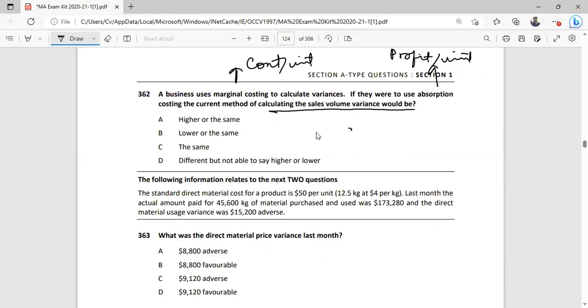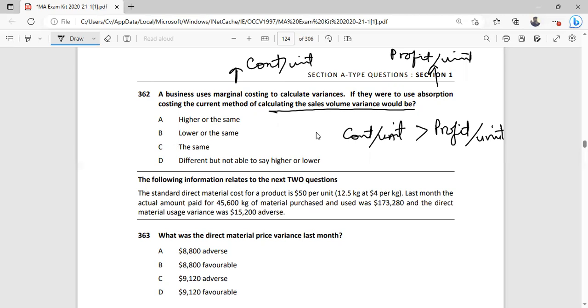Remember, contribution per unit is always greater than profit per unit, because from contribution you still need to subtract your fixed overhead.